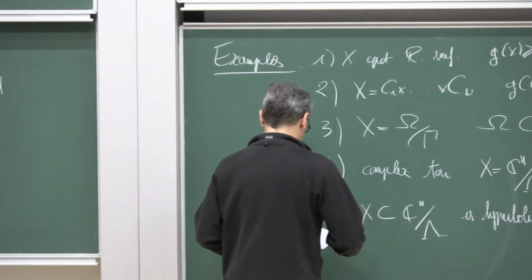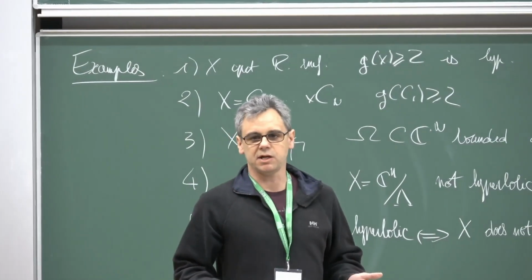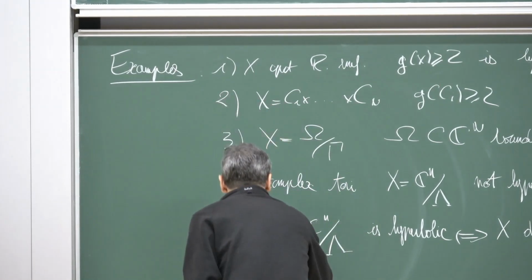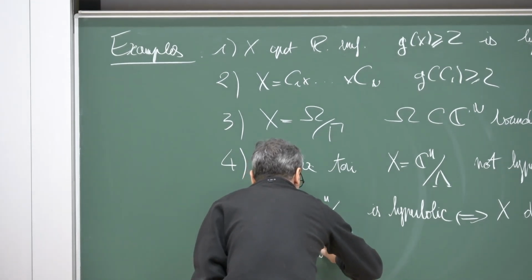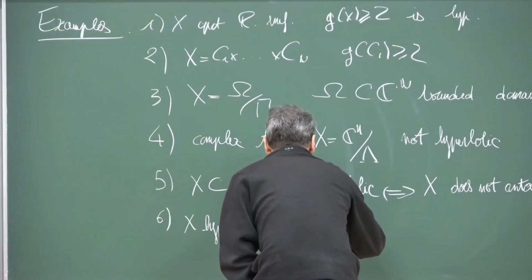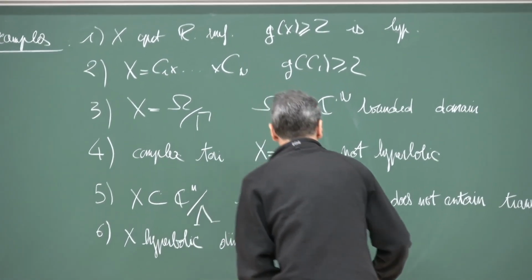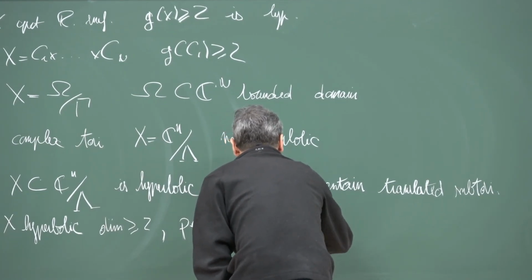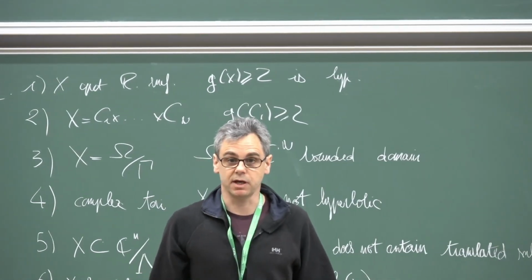Also, important to note is that hyperbolicity is not a birational invariant, right? So if you start with something hyperbolic, and let's say of dimension at least 2, you pick a point and you consider the blow-up. So certainly this will not be hyperbolic, right?